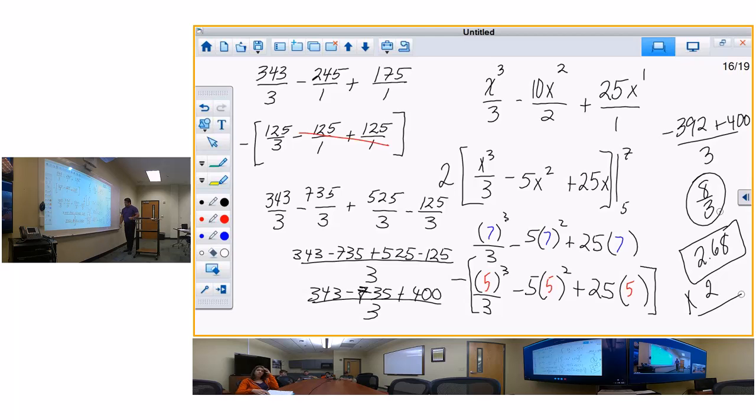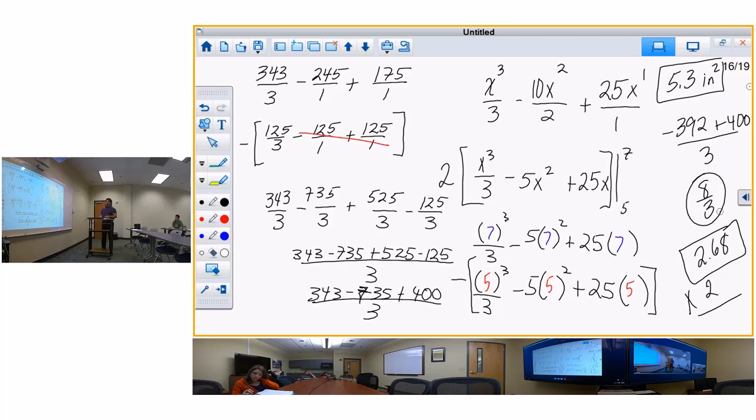So what's 2.67 multiplied by 2? 5.3 square, and if it was inches, we'd say inches squared. So under that curve, that x squared curve, we got 5.3. If it was inches, it would be square inches.